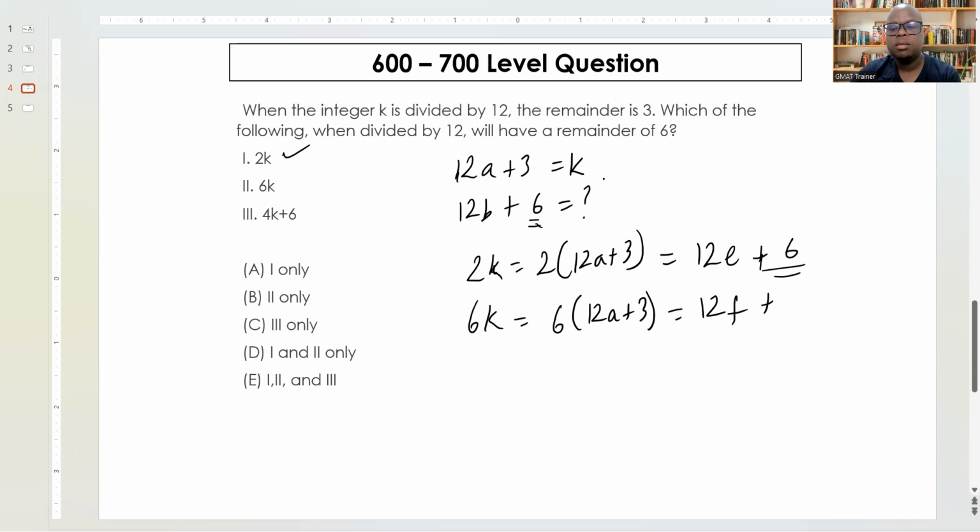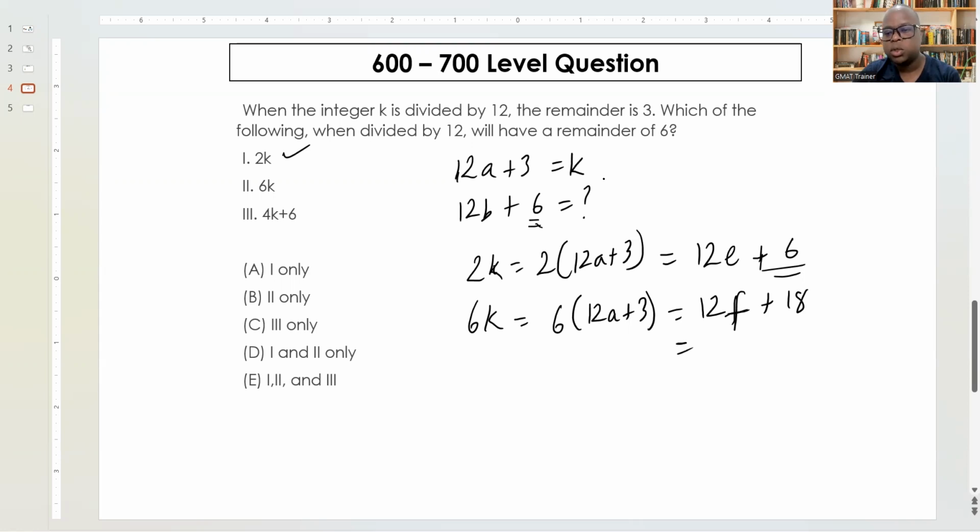So it will give us 12f plus 18. This is f, then plus 18, because 6 times 3 is 18. This 18 is still greater than 12, so we can simplify it further, and it will still have a remainder.